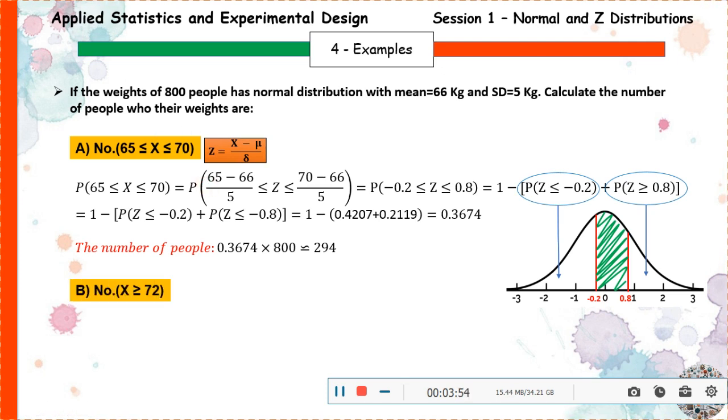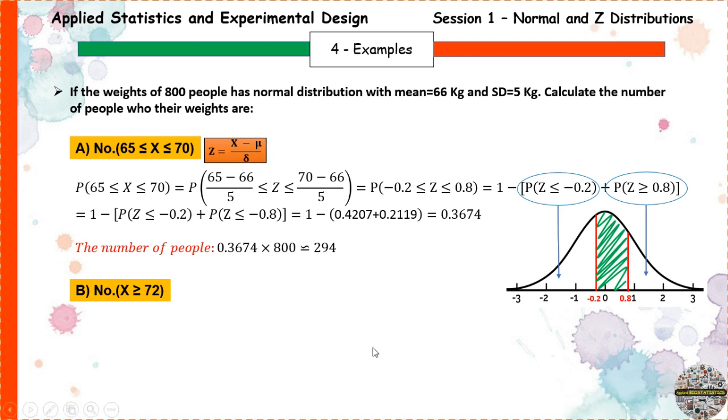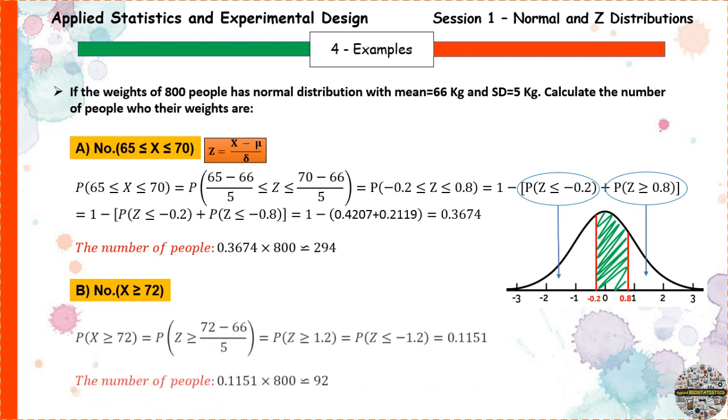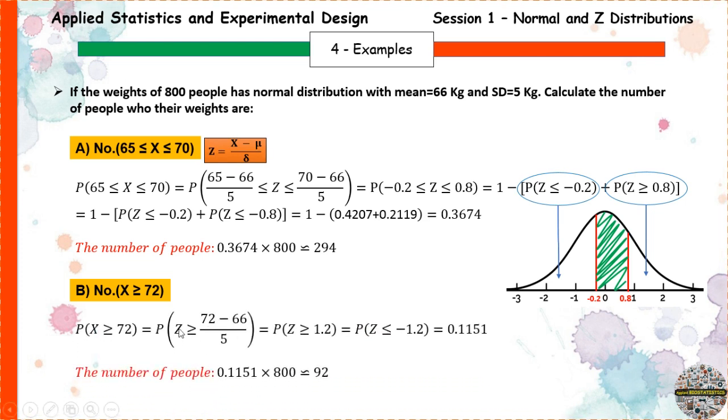And if we want to actually calculate the number of people more than 72 kilograms, we can easily calculate the z-score. And as you remember, the z-score for values equal or more than 1.2 is 0.1151.